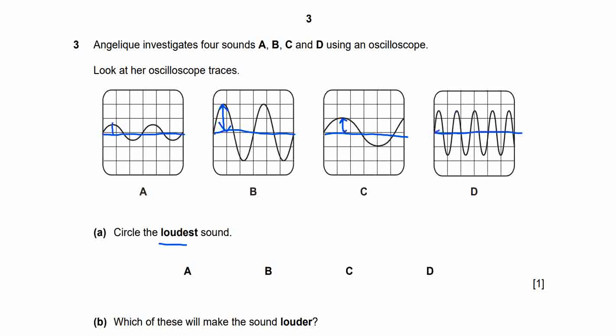And this is the amplitude for the D. So we can see that the greatest amplitude is this one, since it's 2 intervals. See that this amplitude is 2 units, and the other is only 1.5 units. This is only 1 unit. This is only half a unit. So the answer for this will be B.